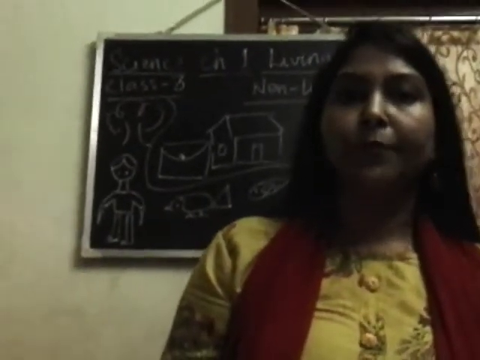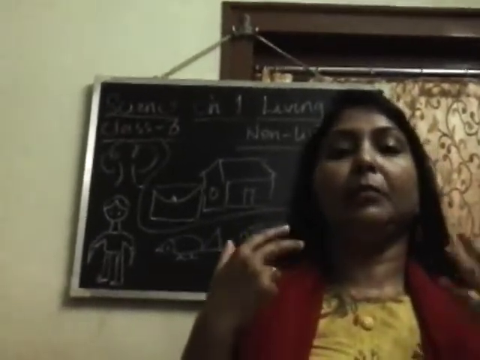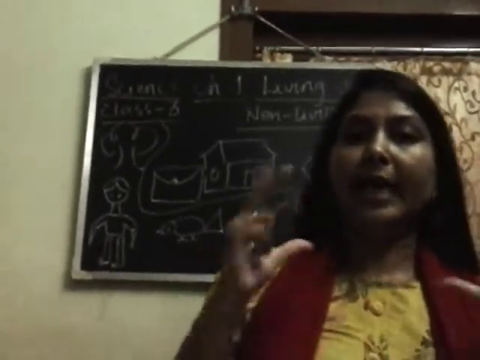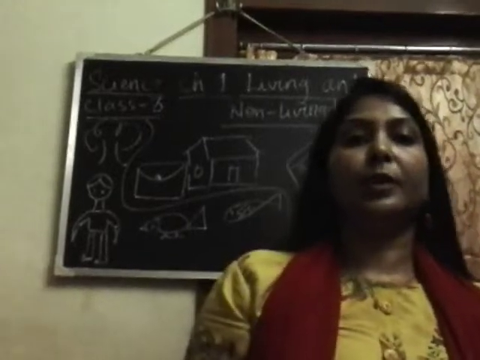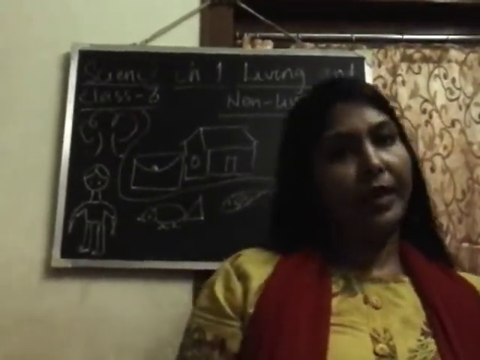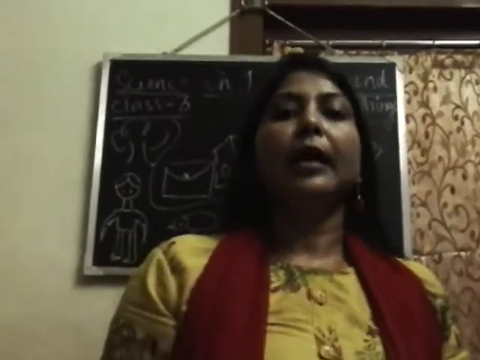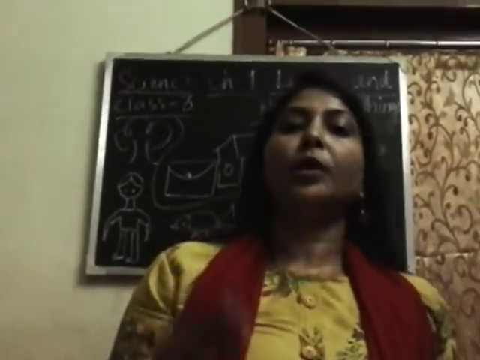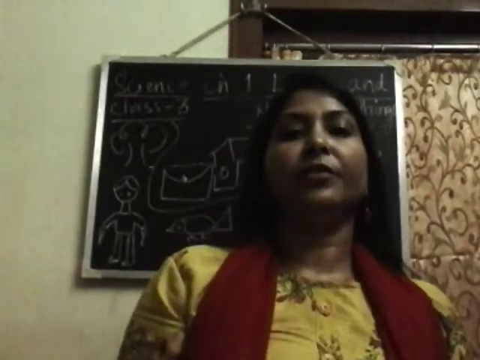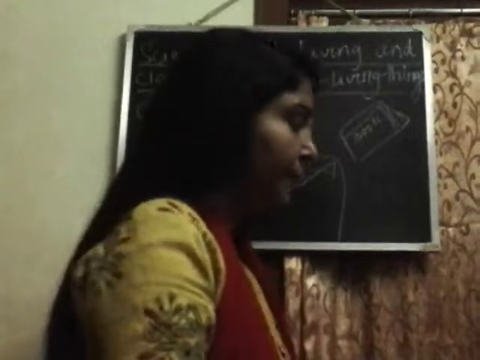Characteristics means the qualities which make them living things. Now we will try to understand the characteristics of living things. Okay, now I'm going to rub these pictures, and I will explain what are the characteristics of living things. Fine? Okay, let's go here.